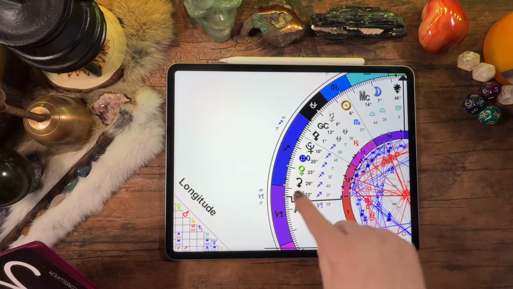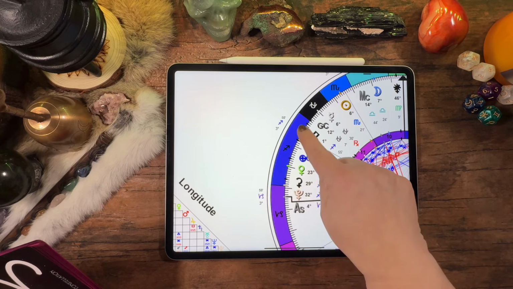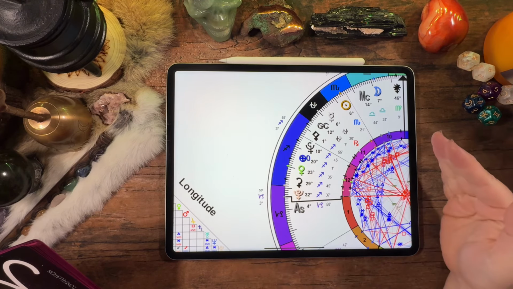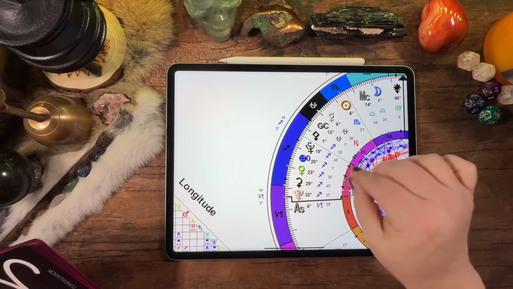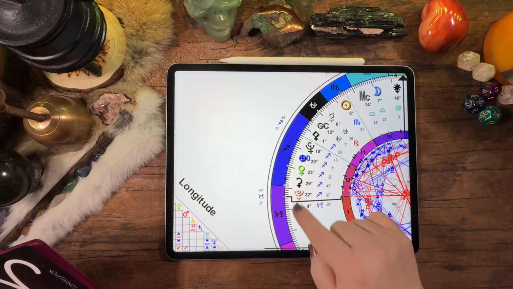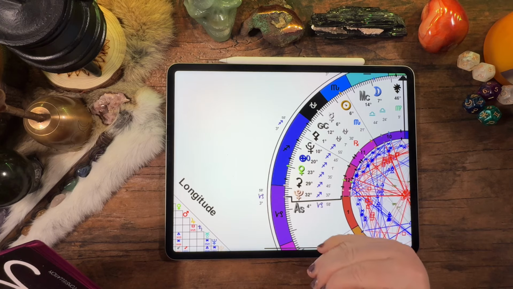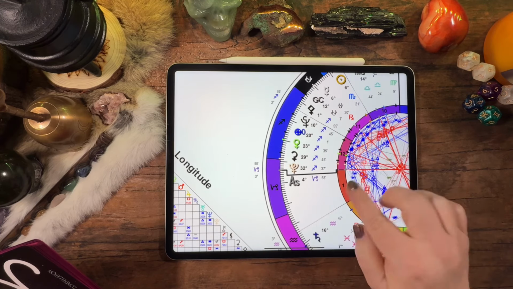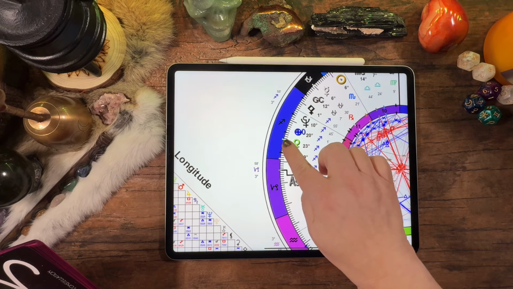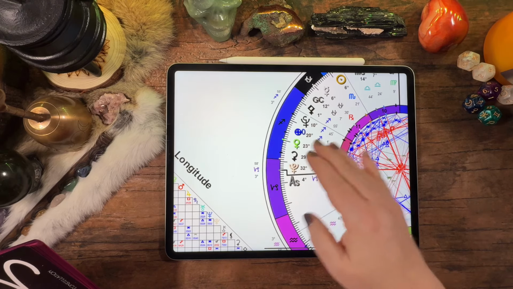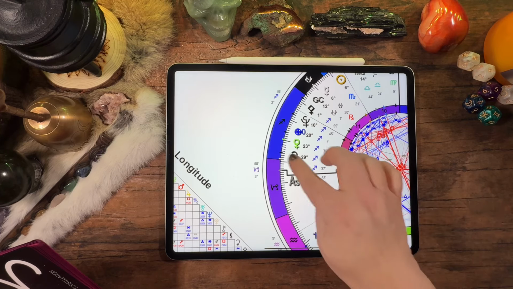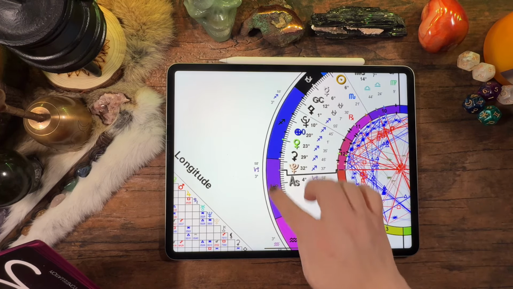Pluto is actually right on the verge of Sagittarius still, because it had just come out of a retrograde. So it appears to go backwards, because it was earlier in the year in Capricorn. It entered into Capricorn, not Aquarius. Then it went retrograde and back into Sagittarius for a little bit, and now it's getting ready, before the end of the year, to go back into Capricorn.